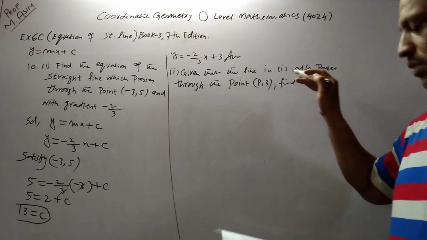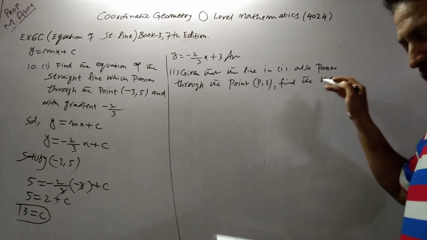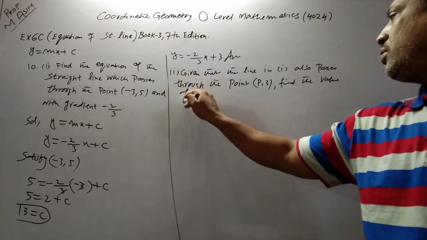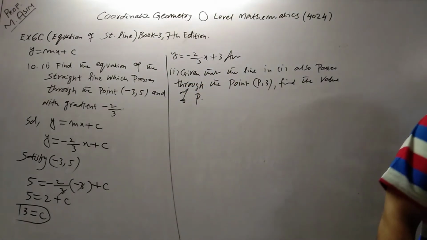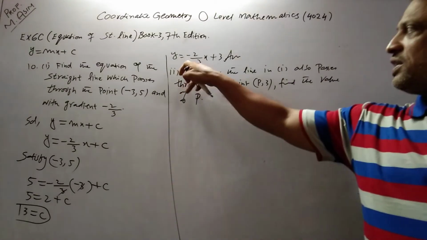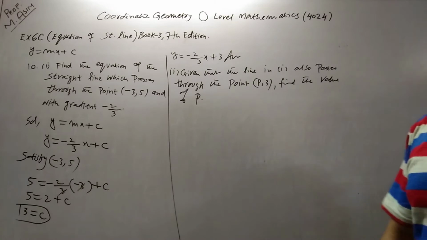Find the value of p. So this line passes through this point. Given that the line in 1 means the line in part 1.